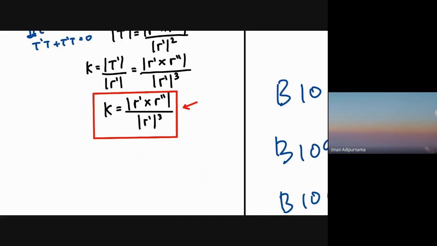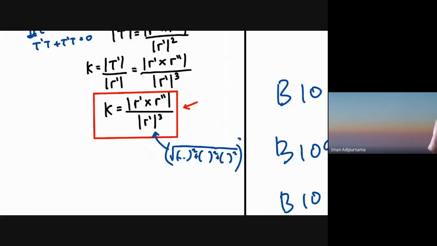Okay. You need also to remember that this value means you need to square root and add all the squared terms inside, right? And then if it has a cube, then you need to apply the cube there.